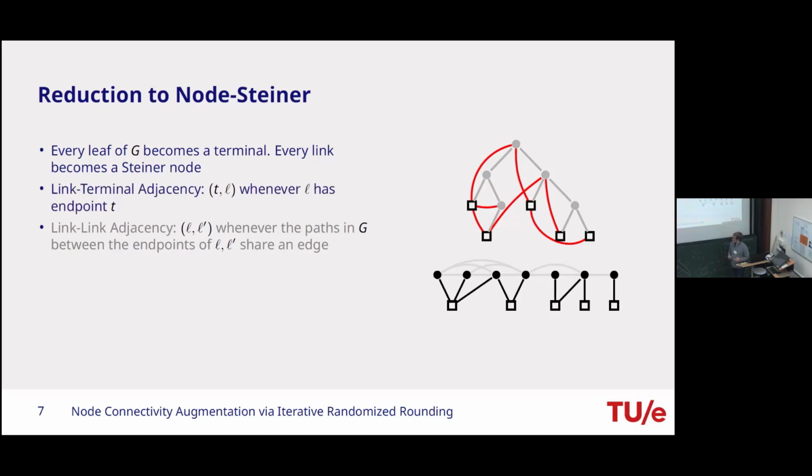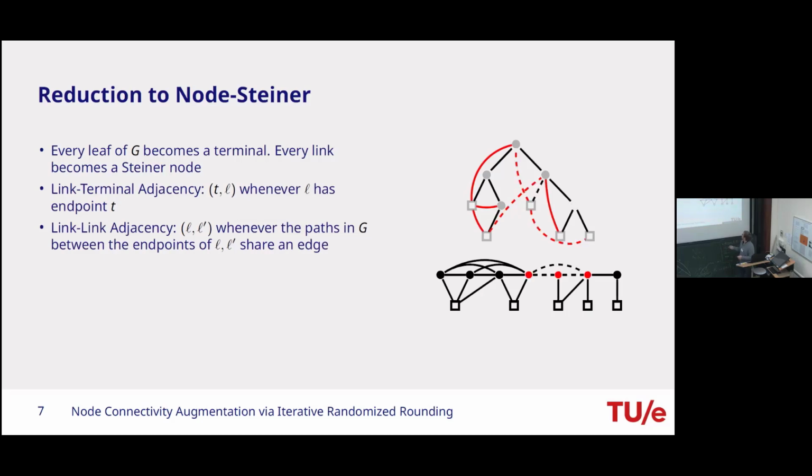Any link with a leaf endpoint is adjacent to that terminal in the Steiner tree instance. For any two links that share an edge in their projected path into the graph, they also have an edge between them in the Steiner tree instance. For example, these three links marked out with dashed lines all share this dashed black line here in G, so these three black nodes are all adjacent to each other.